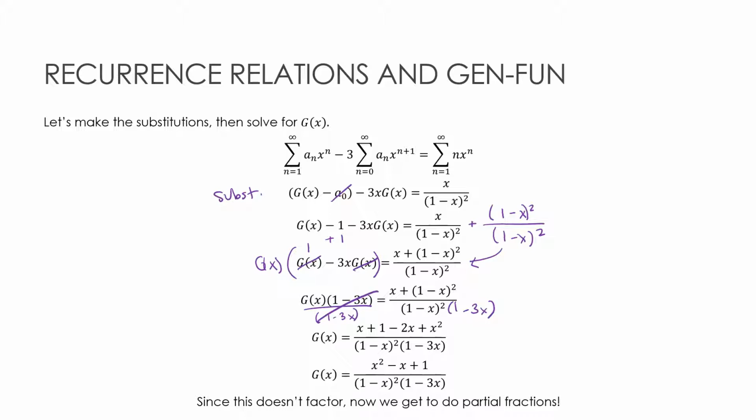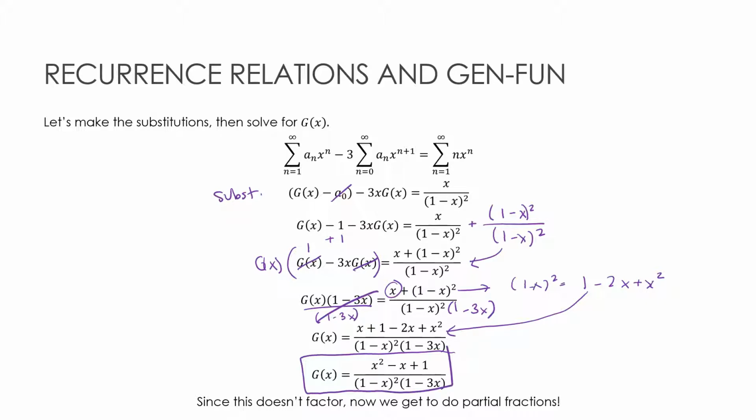On the right side, the denominator is going to stay the same. The numerator, I went ahead and FOILed this guy out. 1 minus x quantity squared is equal to 1 minus 2x plus x squared. And so I'm then going to just combine like terms with the x that I already had up there. And so here is my generating function.